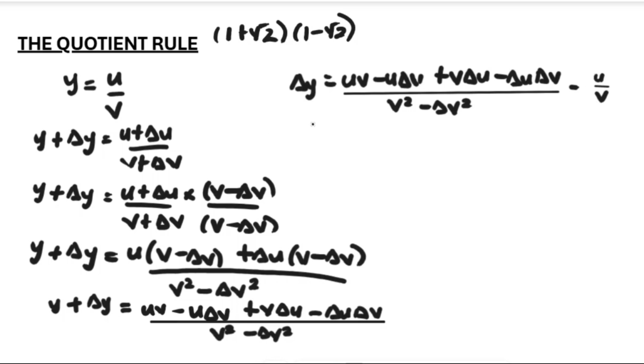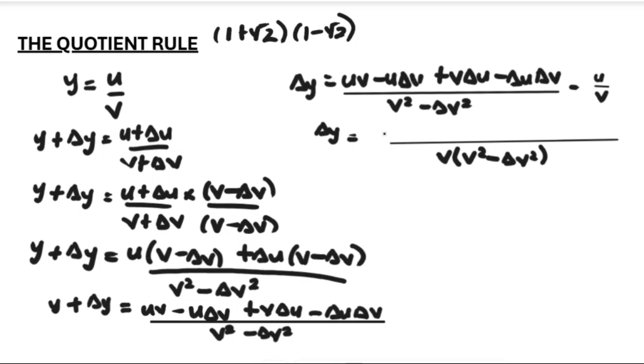So delta y will give us a combined division sign if we take the LCM of v and v squared minus delta v squared, that will be the product. So that's v multiplied by v squared minus delta v squared. In the first term, v squared minus delta v squared remains v.